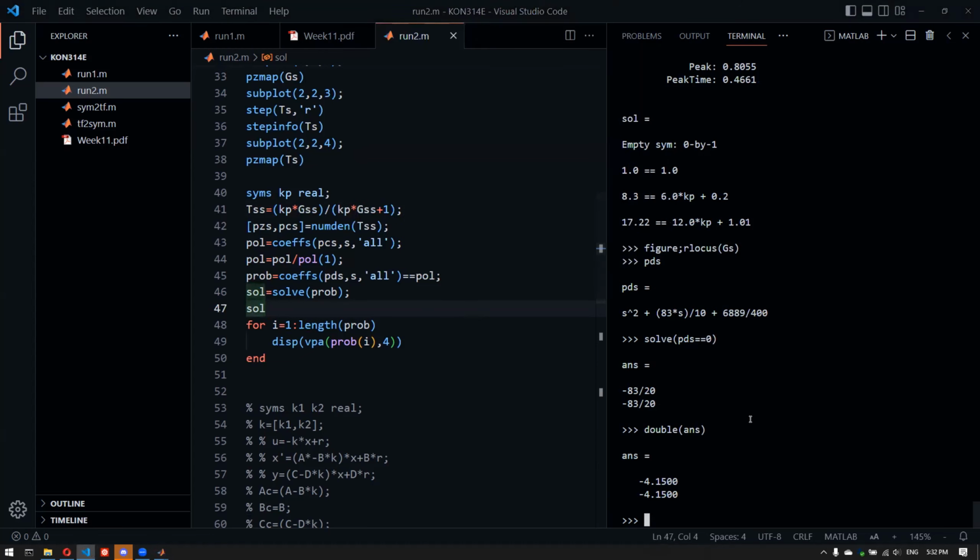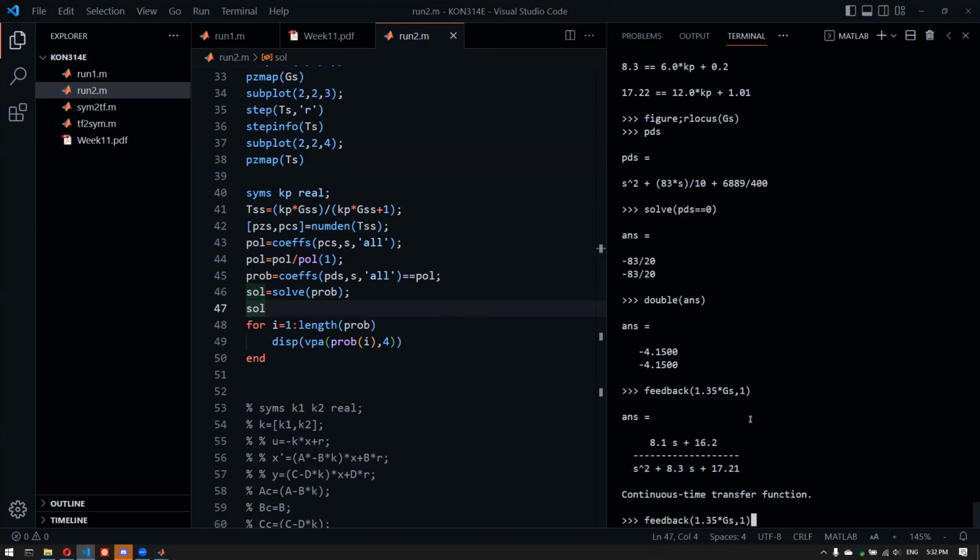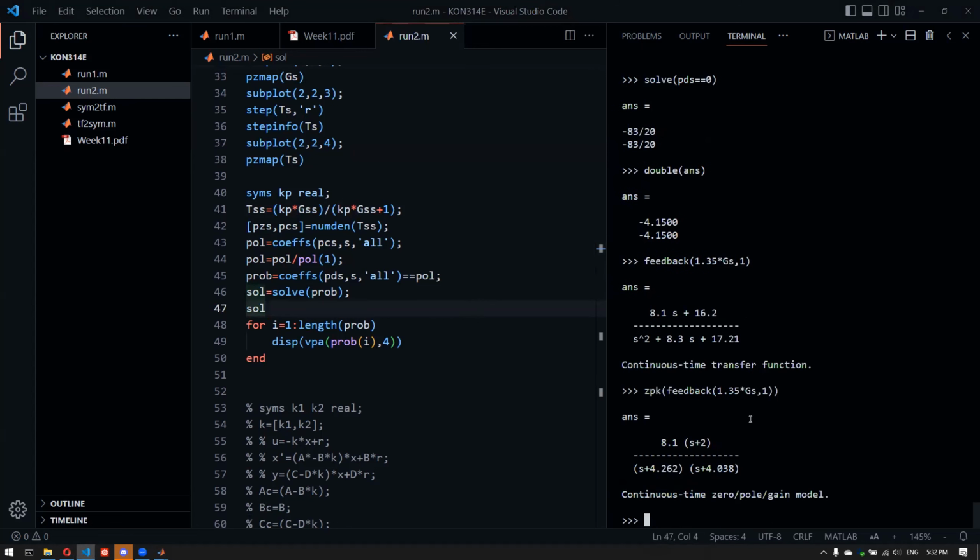So what happens if I have feedback 1.35, TS, 1, ZPK? It seems like it's not exactly on top of that.